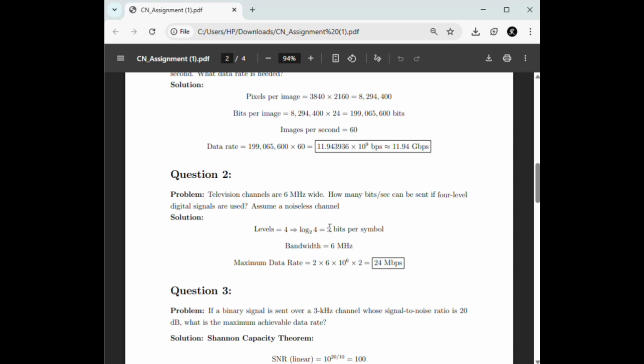Log 4 base 2 is 2, and the bandwidth is 6 megahertz, which can be written as 6 into 10 power 6. Then the data rate is 2 into 6 into 10 power 6 into 2, which gives us 24 megabits per second.